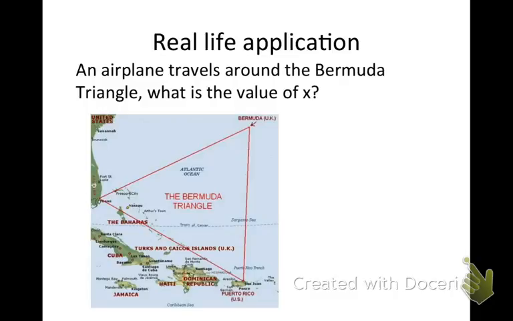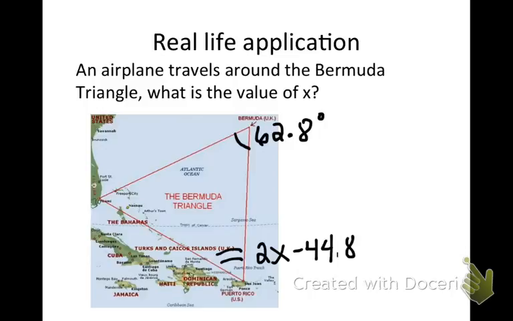We're going to say that the angle at the top is 62.8 degrees. This angle down here at the bottom is 2x minus 44.8 degrees. And we want to solve for x.